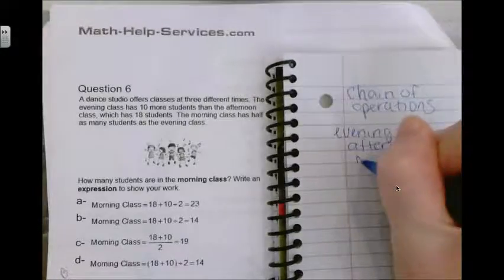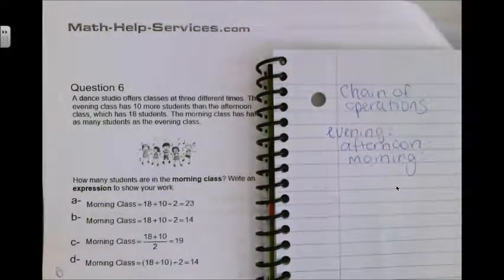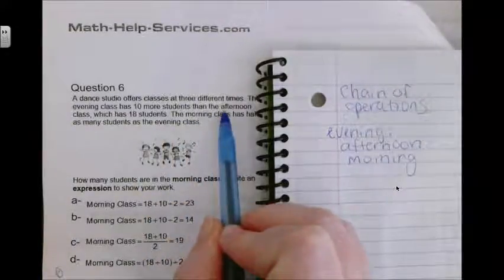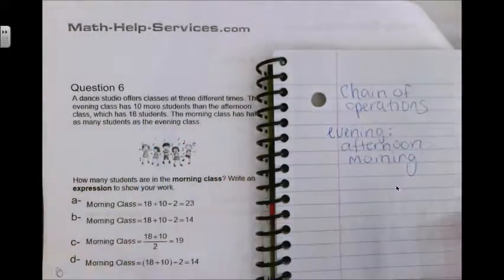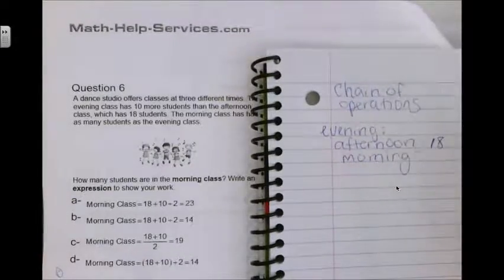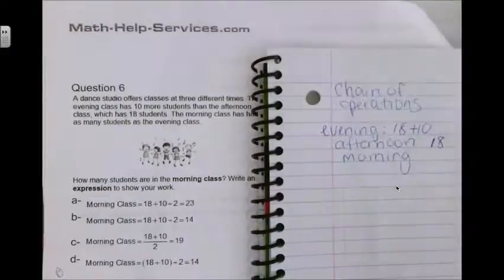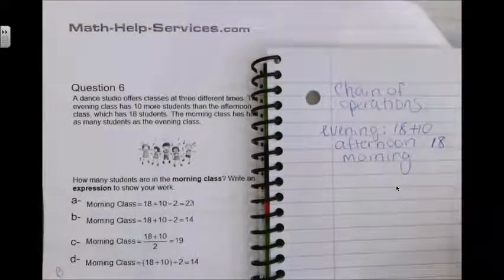The only one that they've actually told us, it says the afternoon class, which has 18 students. So afternoon is 18. Evening is 10 more students than the afternoon. So evening is 18 plus 10. And I know that you can easily solve this and see that 18 plus 10 is 28 students.